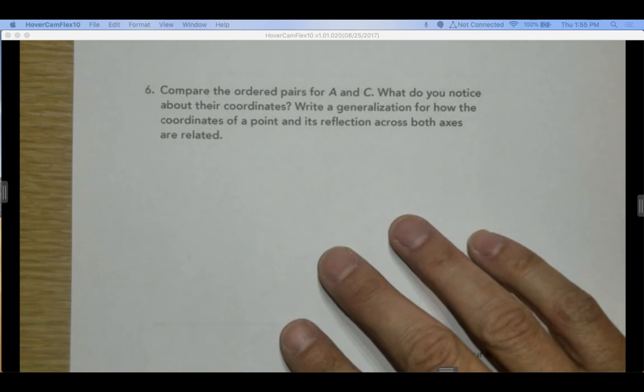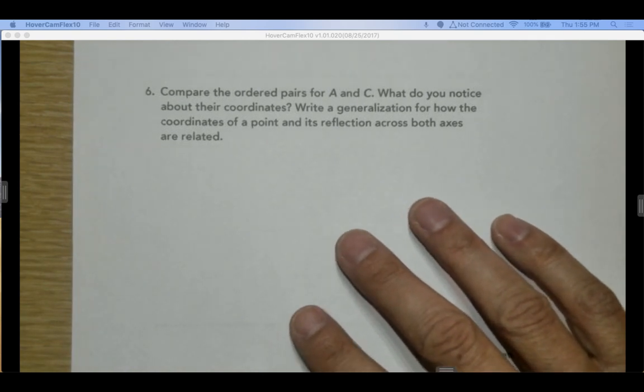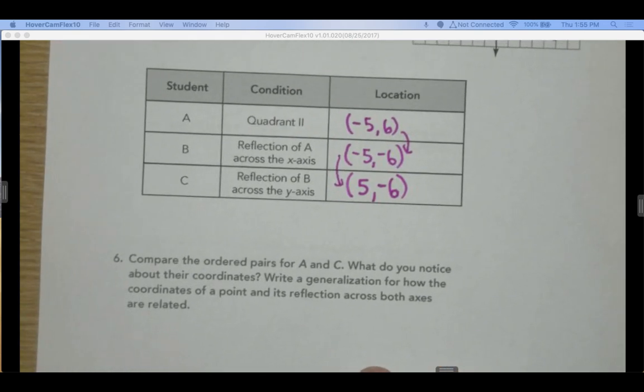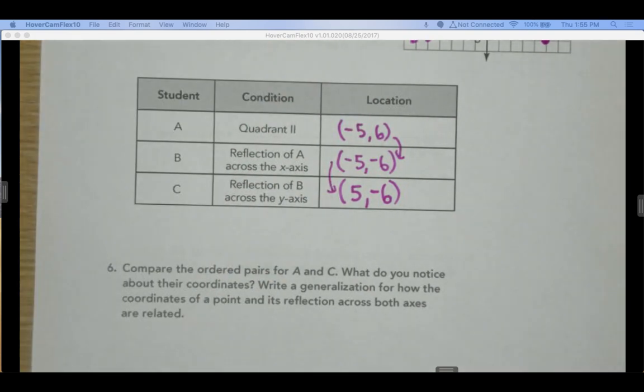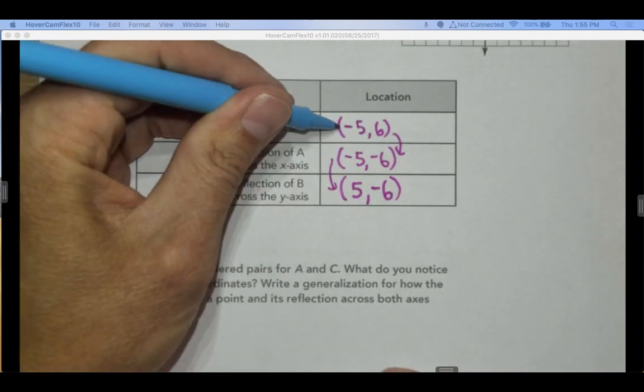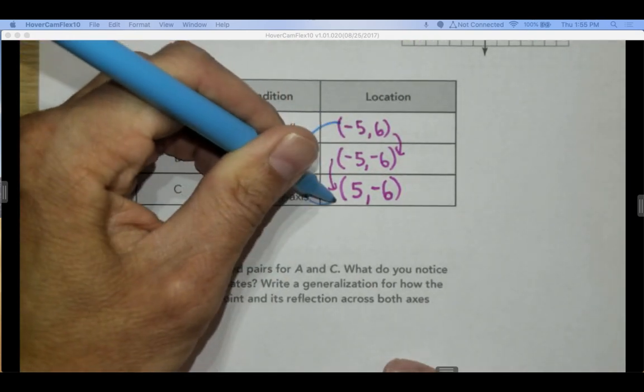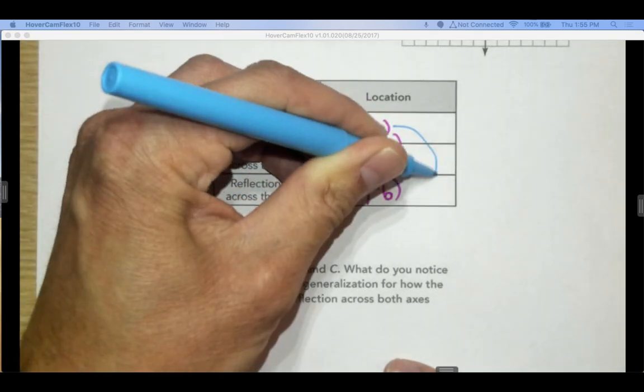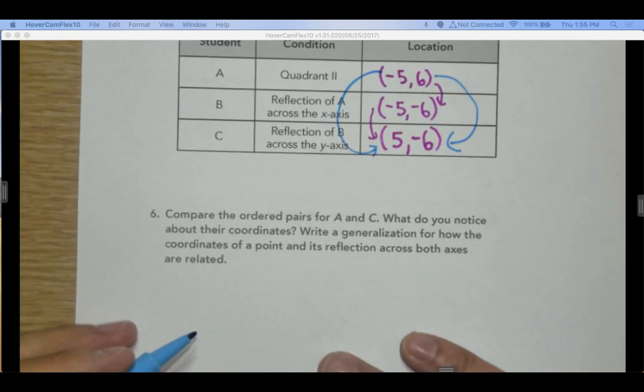Compare the ordered pairs for A and C. What do you notice about their coordinates? So from A to C, this one's the opposite, and this one's the opposite.